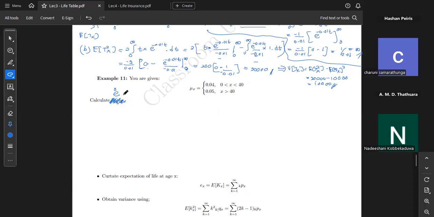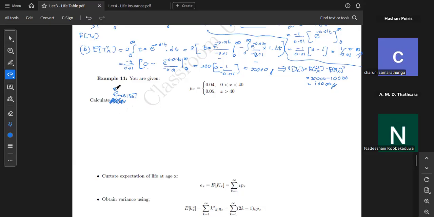And we need to find the continuous expectation of a person who is at age 25 and for the next 25 years.